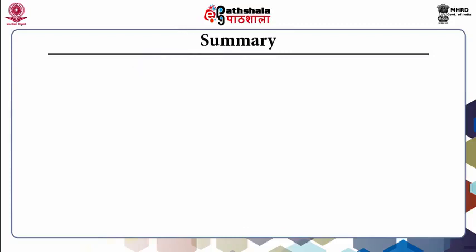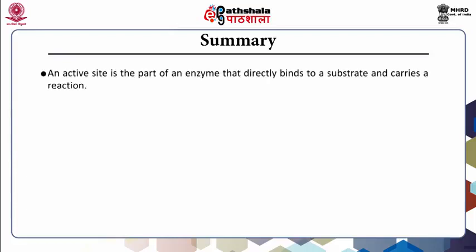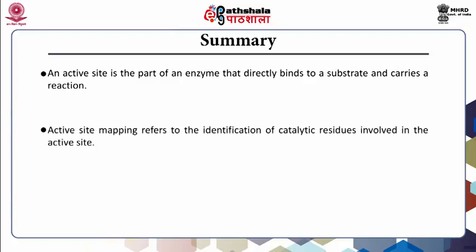To summarize the whole lecture, we can say that an active site is the part of an enzyme that directly binds to a substrate and carries out the reaction. It contains amino acids that promote formation and degradation of the bond. The amino acid residues are called the catalytic groups. Active site mapping refers to the identification of catalytic residues involved in the active site.